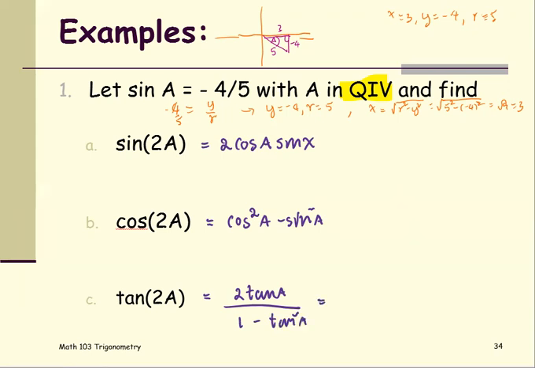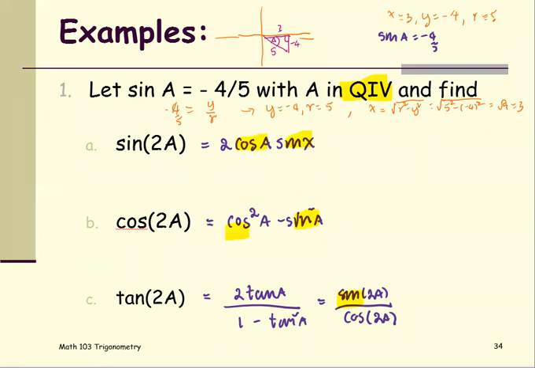Or we can use the numbers that we derive from the sine and cosine parts, as sine of 2a divided by cosine of 2a. So either one. Now, since sine A is negative 4 over 5, what we're going to use in the formulas are the terms cosine A and sine A.